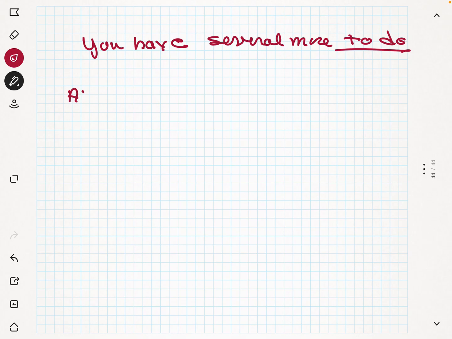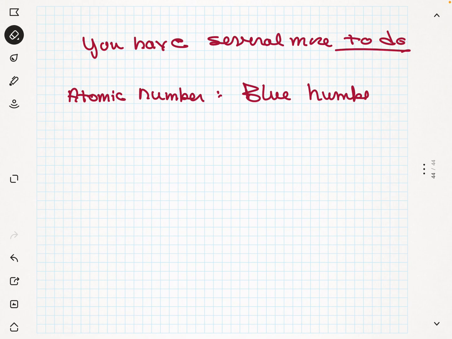I'm going to give you some information. The atomic number is the blue number on the giant periodic table up in the front of the room.